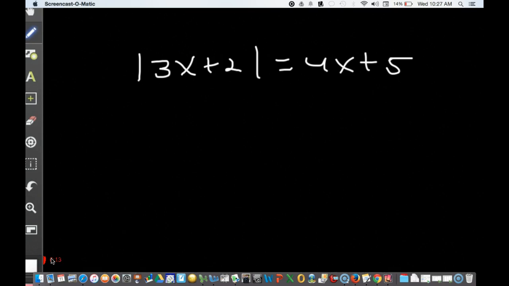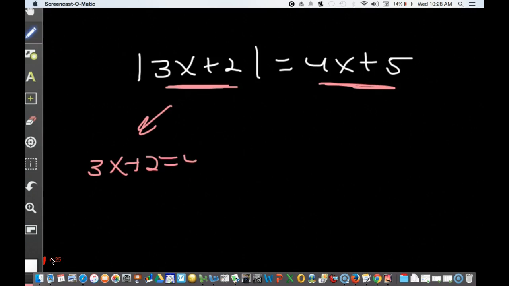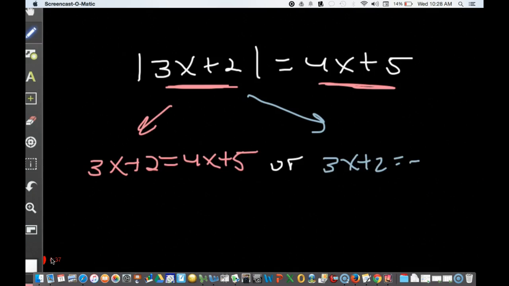Now, we know what's inside this absolute value symbol is either already equal to this, which will result in the equation 3x plus 2 equals 4x plus 5, or what's inside is the negative of that other side.